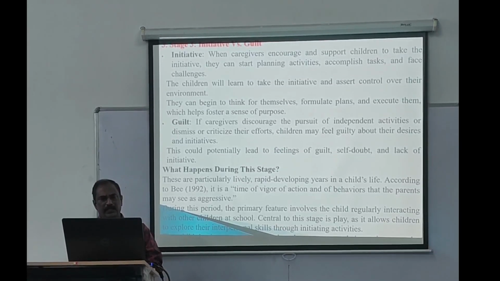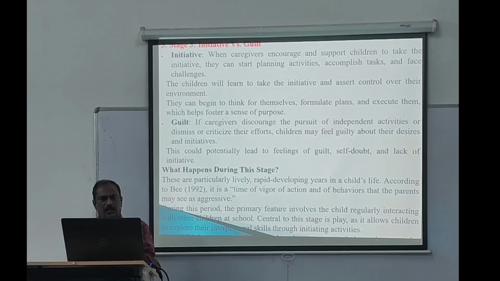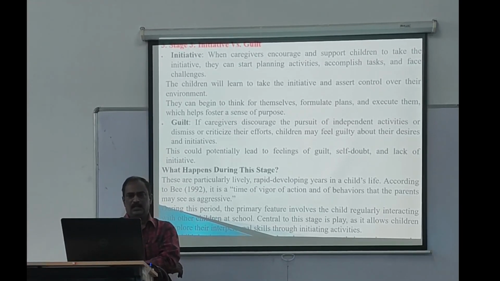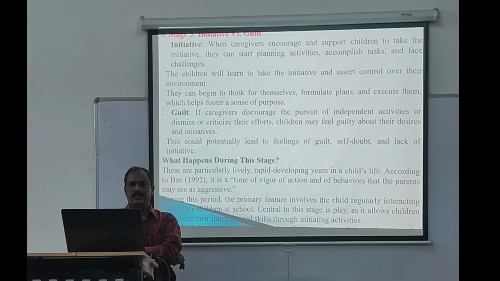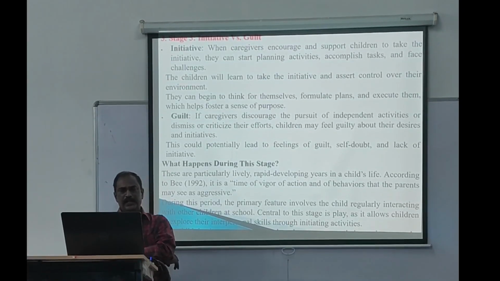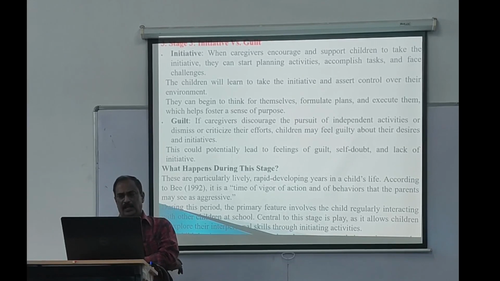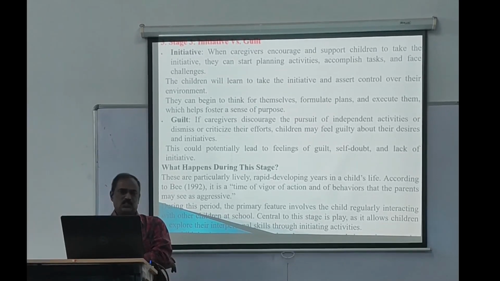Okay, so what happens during this stage? These are particularly lively, rapidly developing years in a child's life. According to Bee, an educationalist, in 1992, this stage 3, initiative versus guilt, is a time for vigor of action and of behaviors that the parents may see as aggressive.